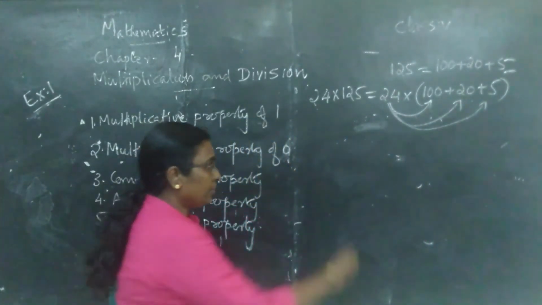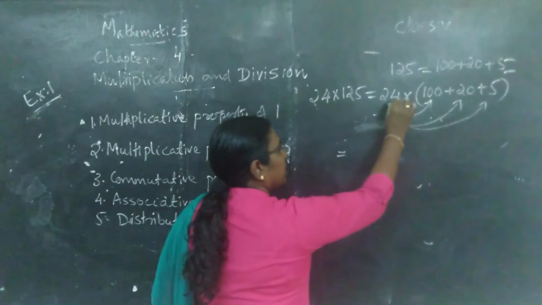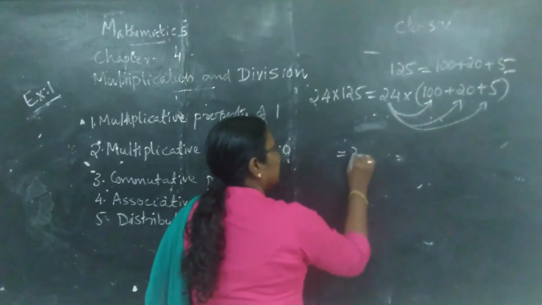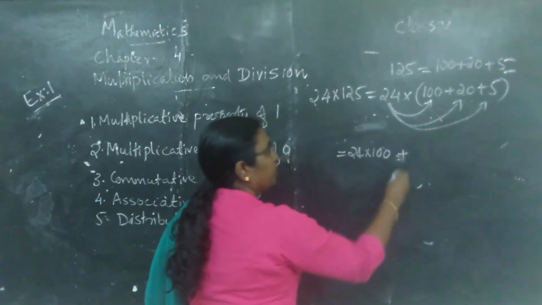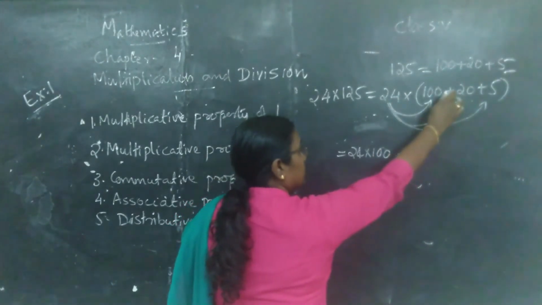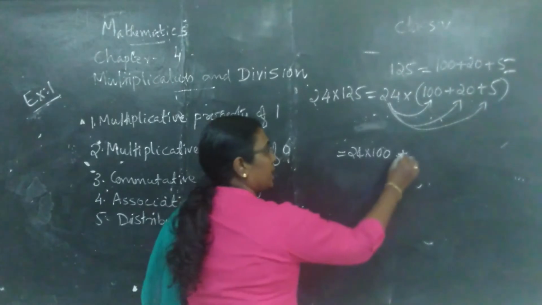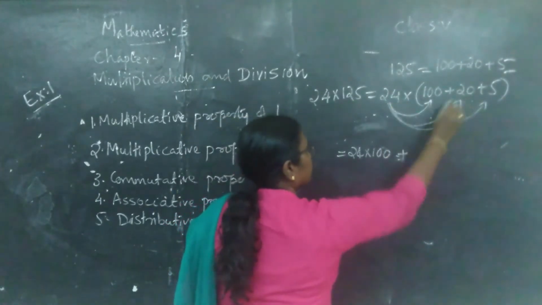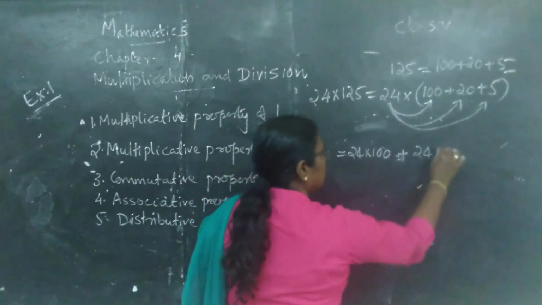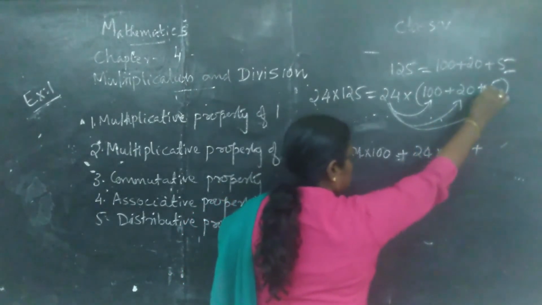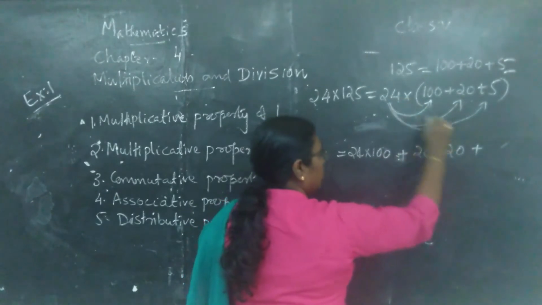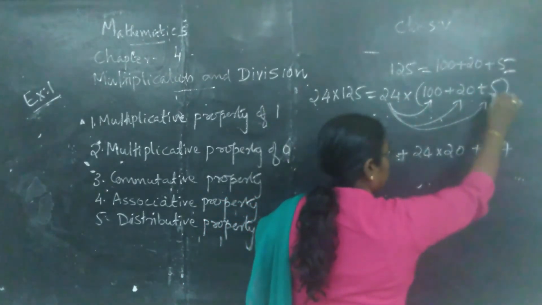First multiply 24 with 100, 24 into 100, plus, then multiply 24 with 20, 24 into 20, plus, then 24 into 5.